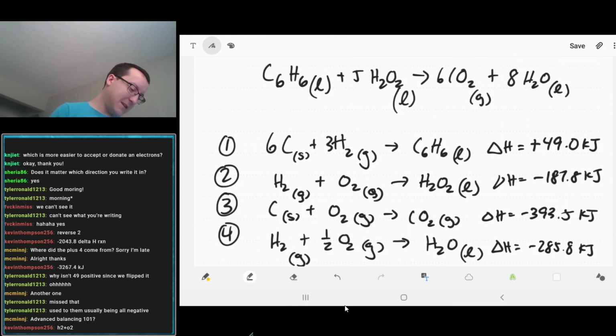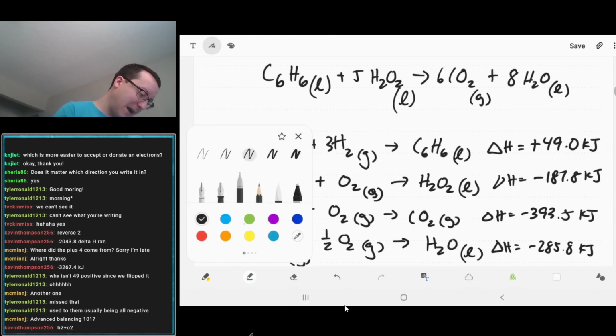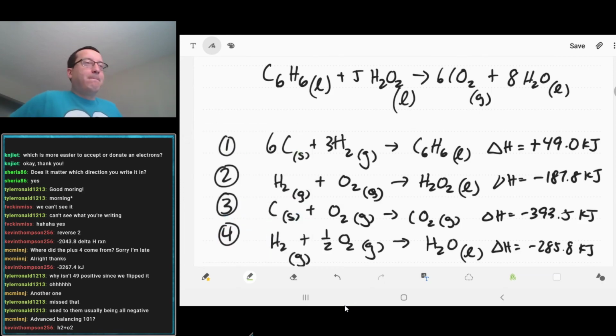Let's have a look. What do we need to do for these four reactions? First one, of course, we'll have to reverse.